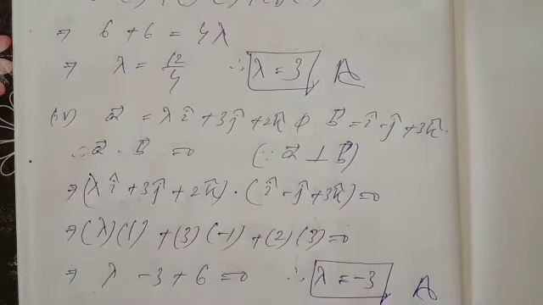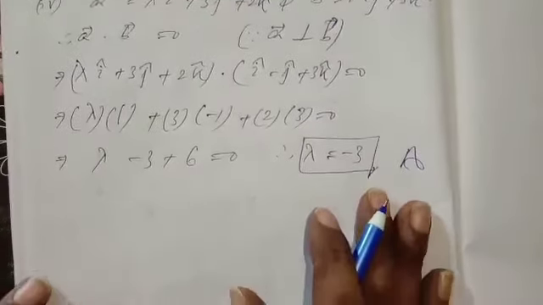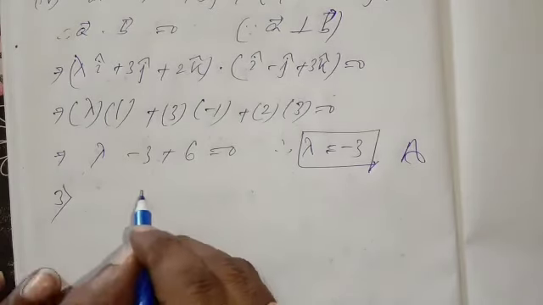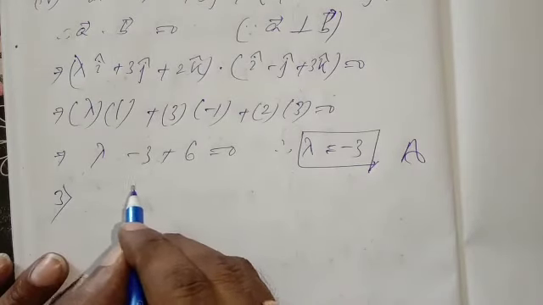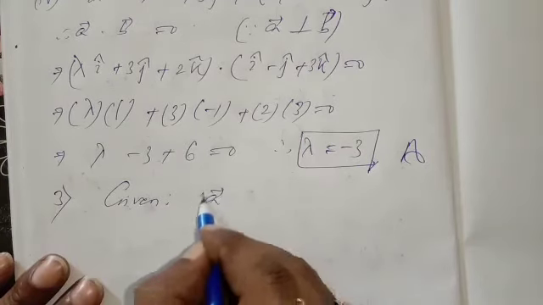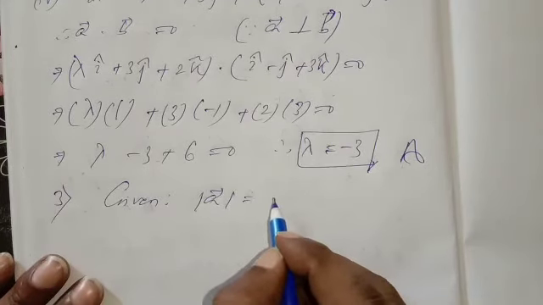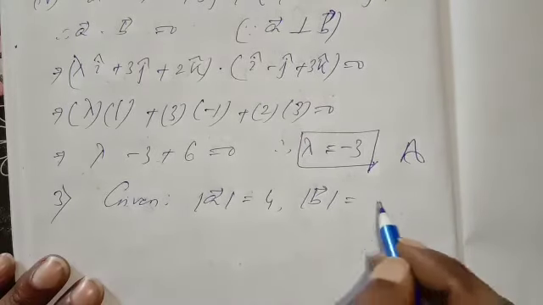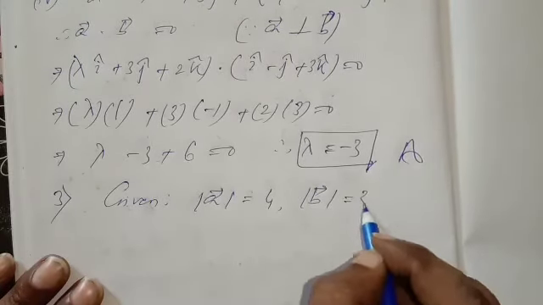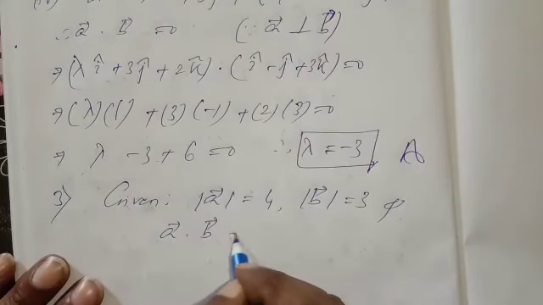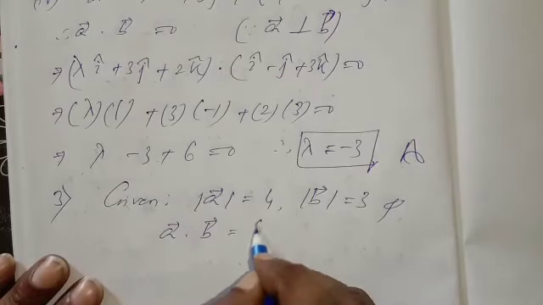Okay. And today the last number I do, that is number 3. Number 3, it is given A and B are two vectors such that the modulus of vector A is given 4, and the modulus of vector B is given 3, and vector A dot vector B is also given 6.